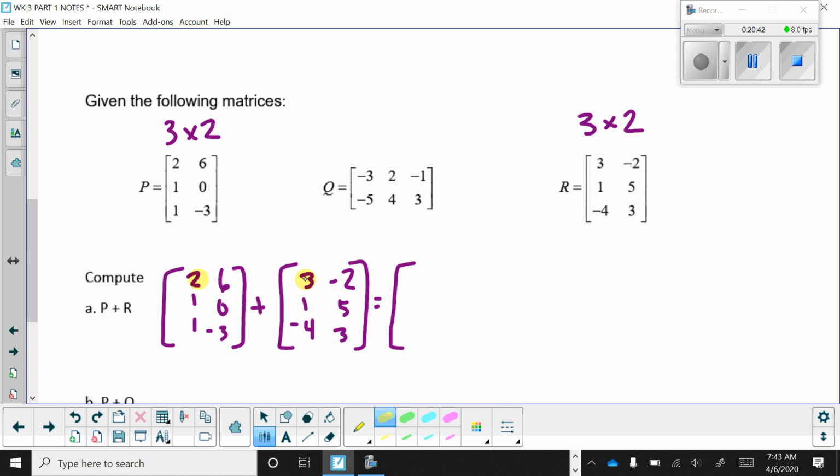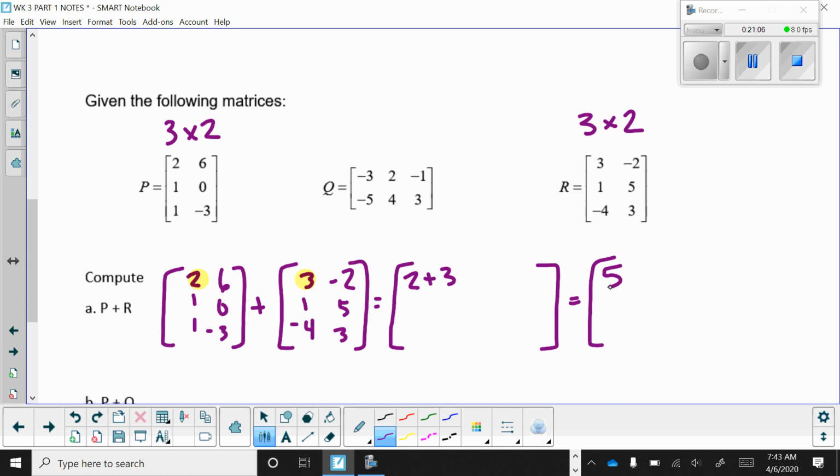That's row 1, column 1. And that answer is 5. And that's going to be my row 1, column 1 of my answer matrix.